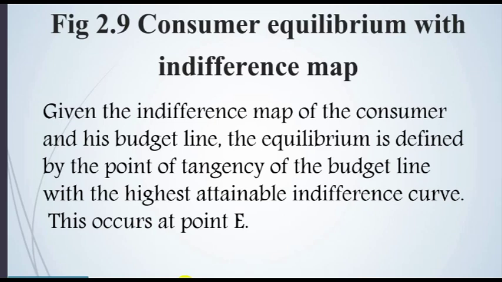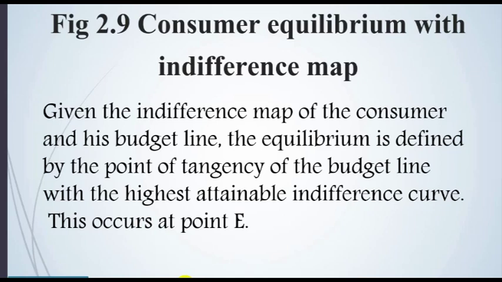Differentiating Z with respect to Q1 to Qn and equating it to 0 yields: dZ/dQ1 minus lambda P1 is equal to 0; dZ/dQ2 minus lambda P2 is equal to 0; dZ/dQn minus lambda Pn is equal to 0.